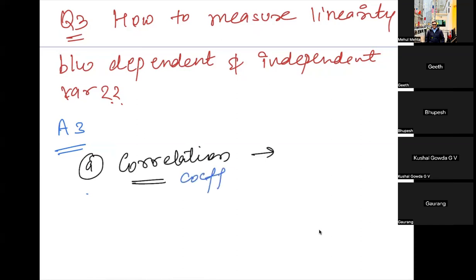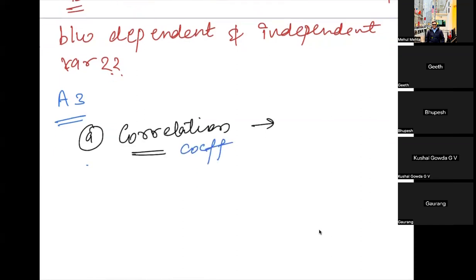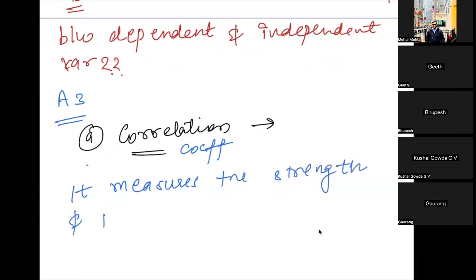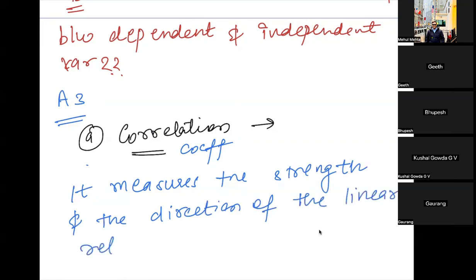The correlation coefficient measures the strength and the direction of the linear relationship between two variables.